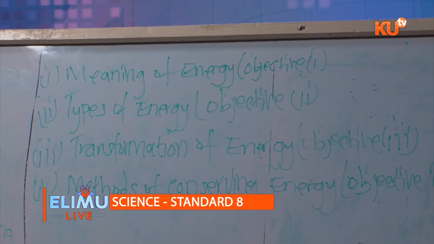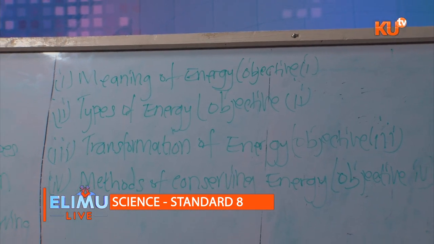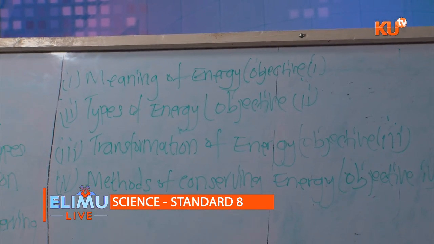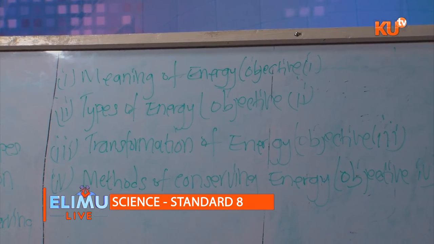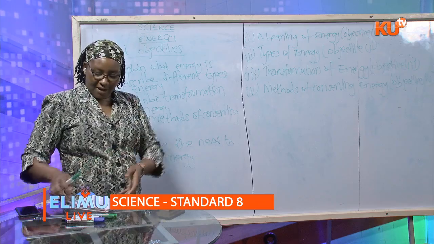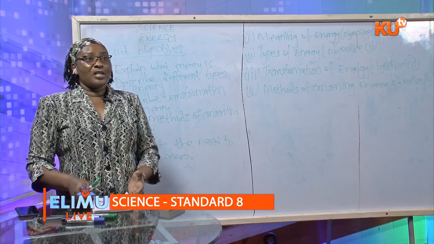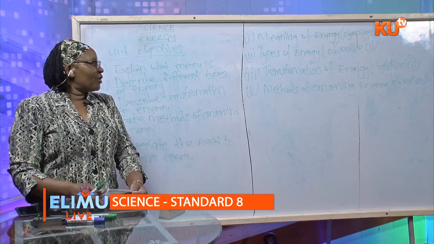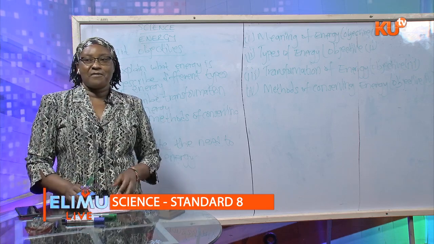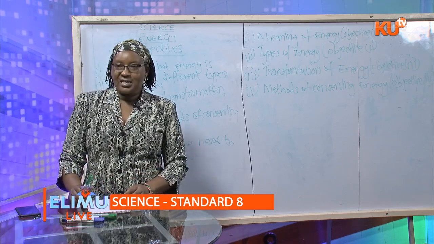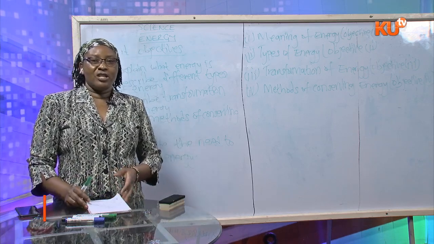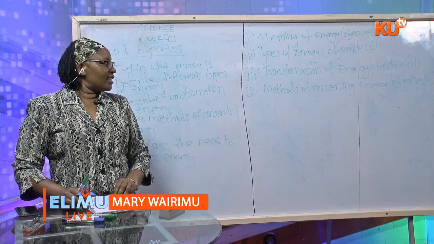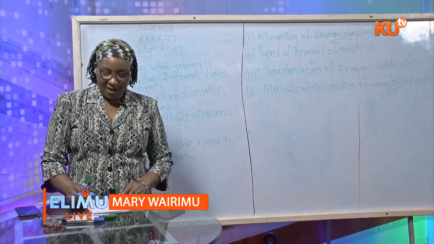It is up to the learner to be a better person, to be a better citizen, to appreciate the need to conserve energy, because if you don't conserve energy, at one time we will not have that energy to use. And remember, we always thought that we should take care of nature, and nature will take care of us. And if we don't take care of that nature, obviously nature will not take care of us.